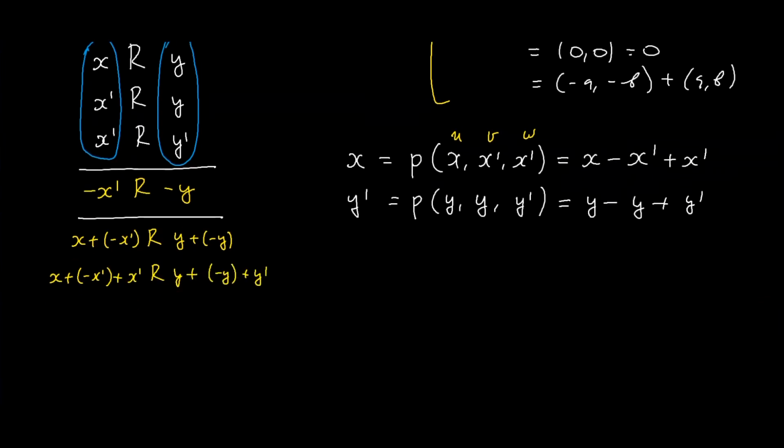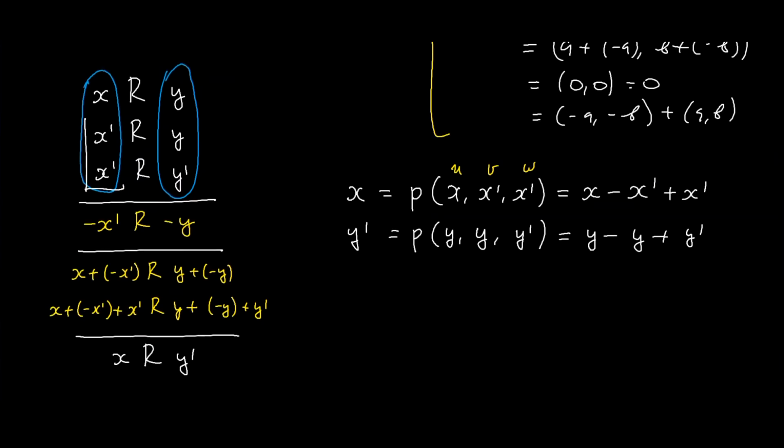And of course, this is nothing other than, because it just simplifies to, here it simplifies to x, and there it simplifies to y prime, which is exactly what we wanted for the difunctionality. Recall that difunctionality wanted to have these leftover ones being related, which is what we have here.